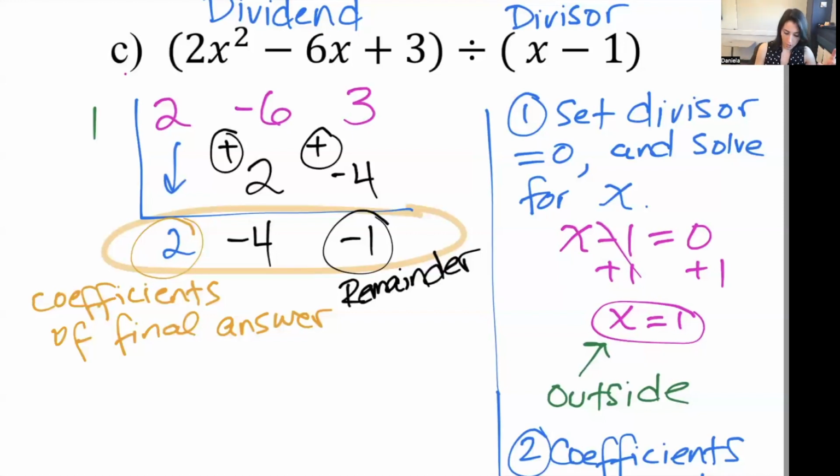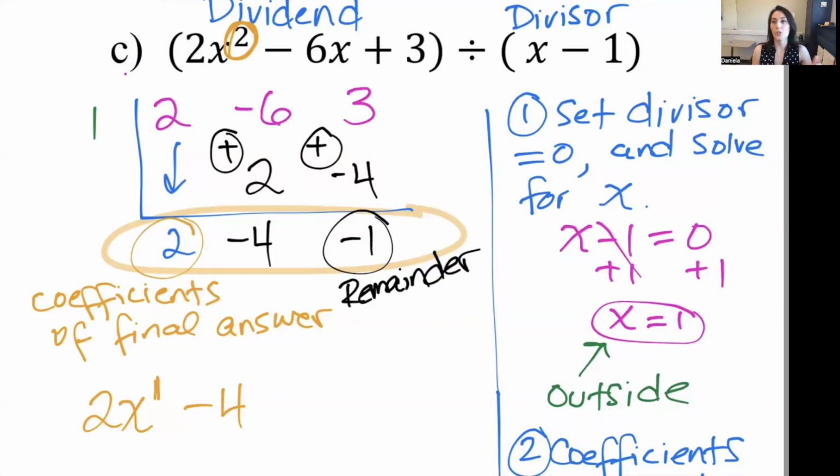Since the degree, or the highest exponent, of the dividend was 2, this 2 is going to be to the first power. It's 1 less, and it goes in descending order. Then -4 would technically be x to the 0 power, which is 1, so you don't ever need that.